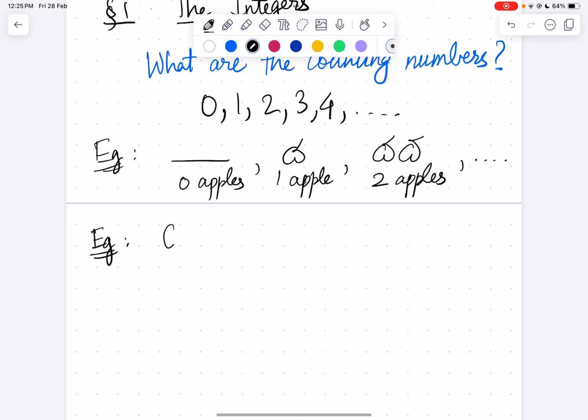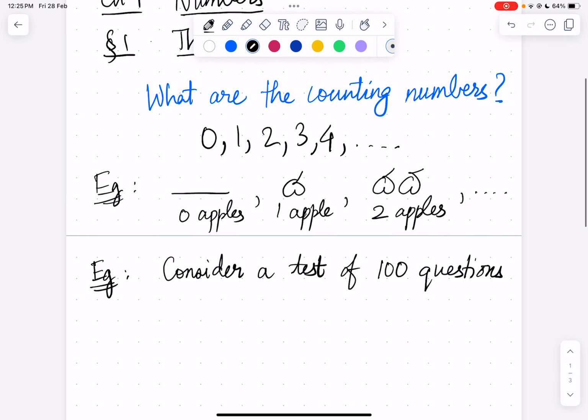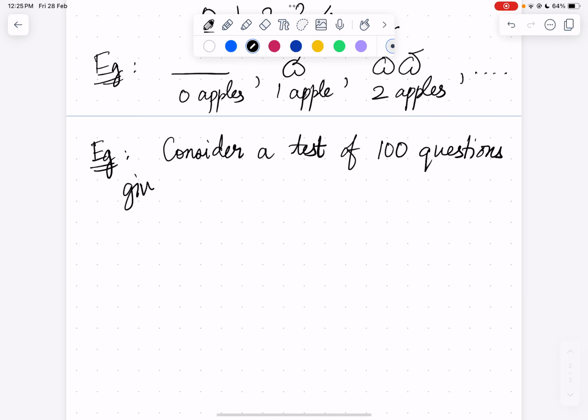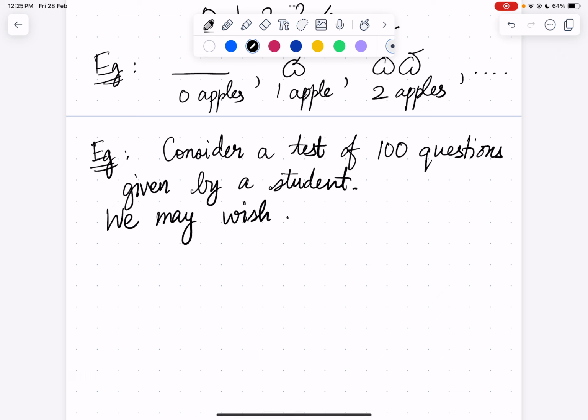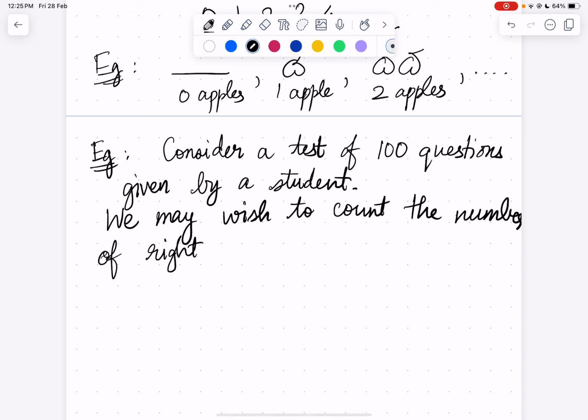Another example is, consider a test of 100 questions given to a student. We wish to count the number of right answers the student gets.